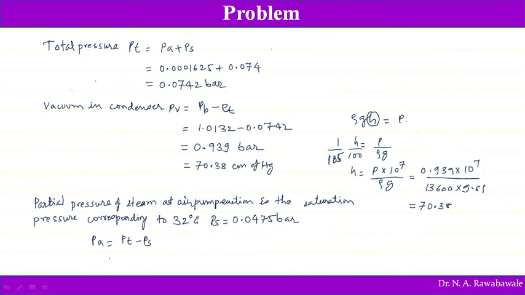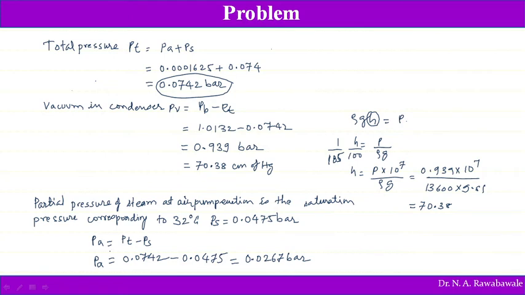The total pressure we have already calculated as 0.0742. So 0.0742 minus 0.0475 works out to be 0.0267 bar. This is the partial pressure of air at the pump.